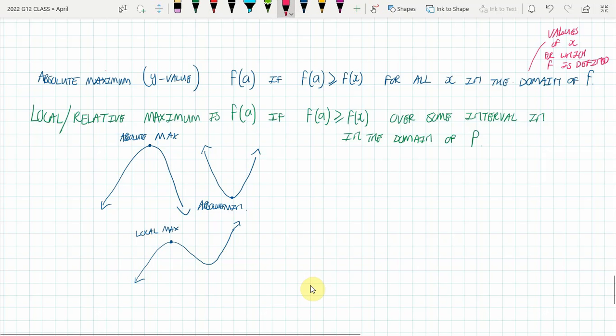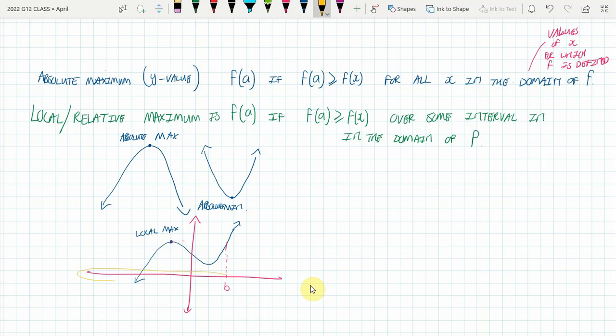Because it is greater than many values of f, but not all of them, over this interval. This one is only a maximum for these values of x, only for a part of the domain, which we sometimes call an interval.